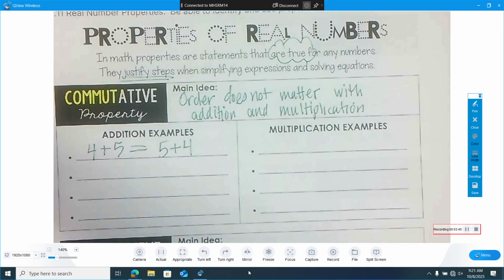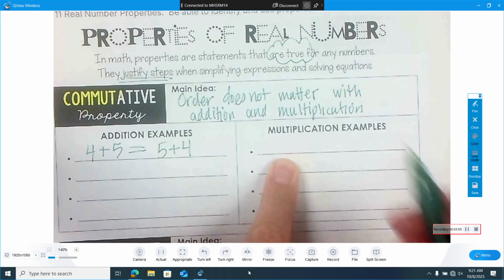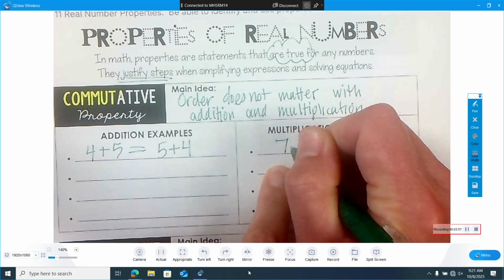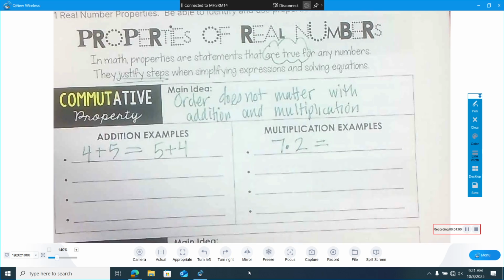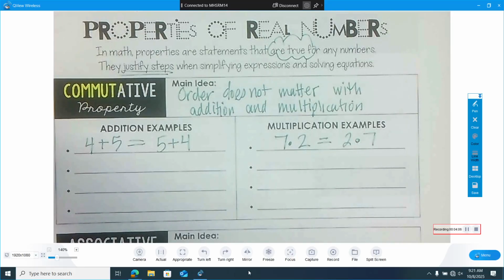And so what we're doing is we're just switching the order of those numbers, and the addition will work out fine either way, okay? So for multiplication, 7 times 2 is the same as 2 times 7. The order that we multiply doesn't matter. We can change the order of the numbers and we're going to get the same thing.